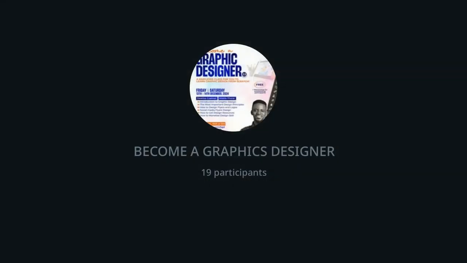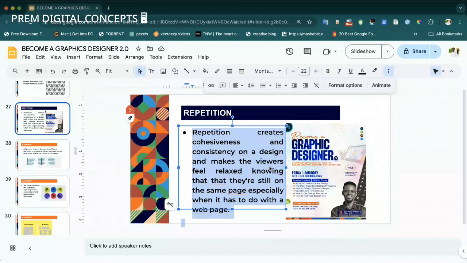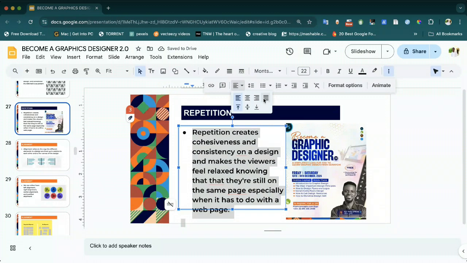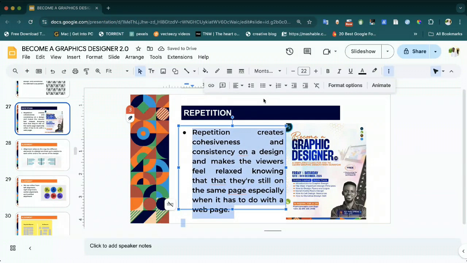See the edges, they are aligned straight. Not this way. If you're using left alignment, the only straight line is to the left, while the right is just anyhow the line ends. But if you use justify, it forces the text to be aligned straight on both left and right.